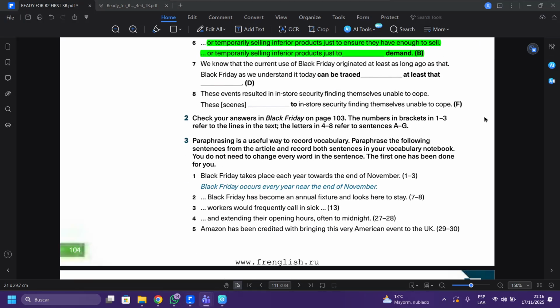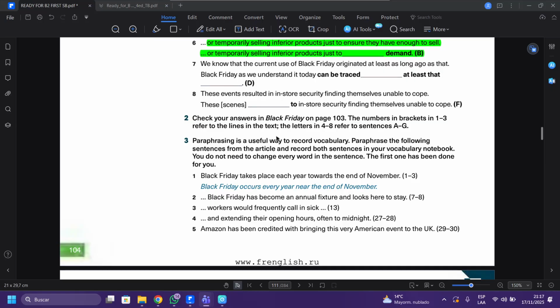And the last one, number 8. These events resulted in in-store security finding themselves unable to cope with. Really easy. If you talk about resulted in, it means that these events led to in-store security. Yes, led to.